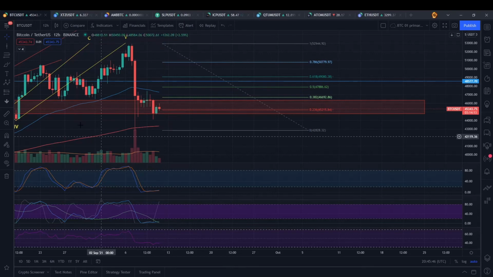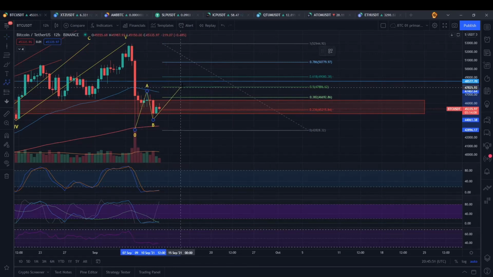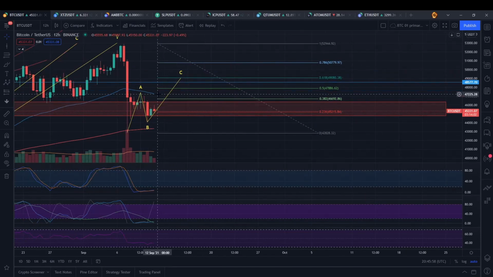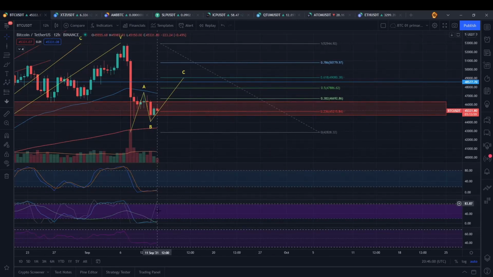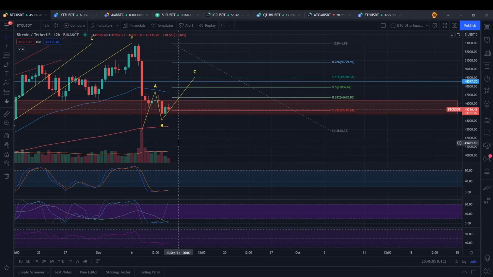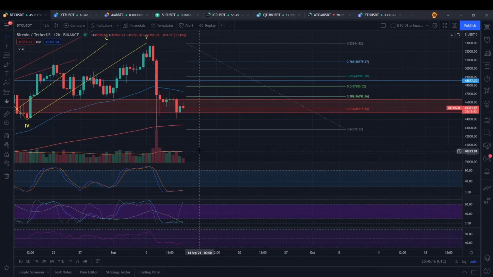So one scenario would be that we are doing ABC like that. So maybe to the 0.618 or 0.5. That would have to happen fast in order not to invalidate this. So maybe in the next 4 hours or 5 hours or even 12 hours we manage to push up without eliminating this fake out, then I'd be more comfortable in shorting with a tighter stop loss.